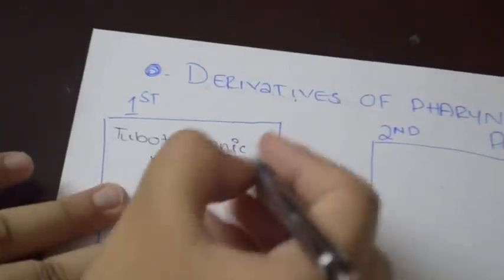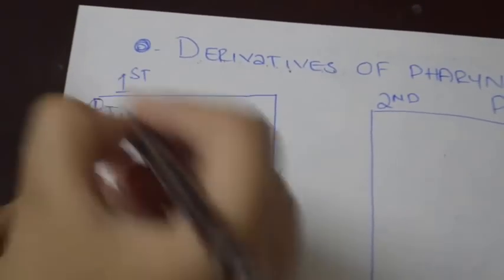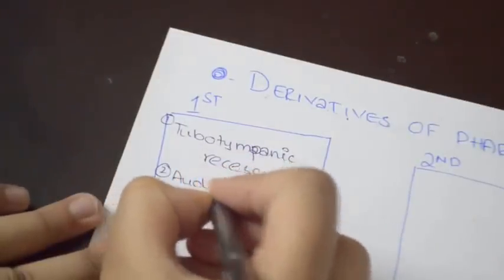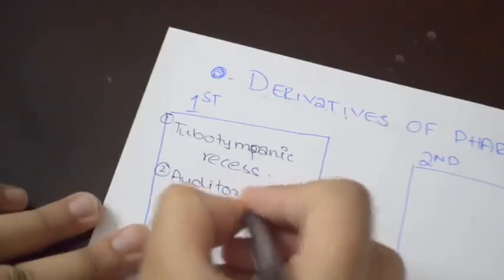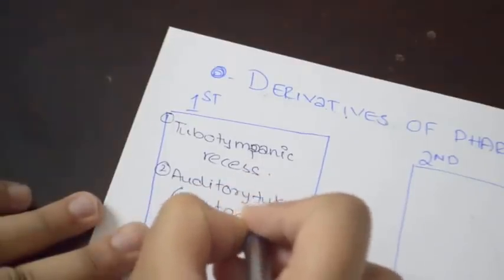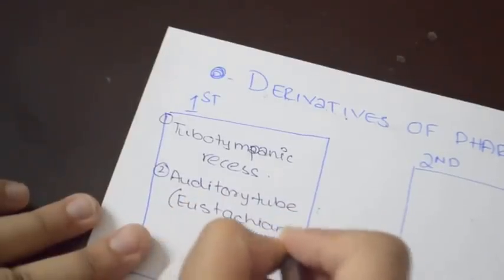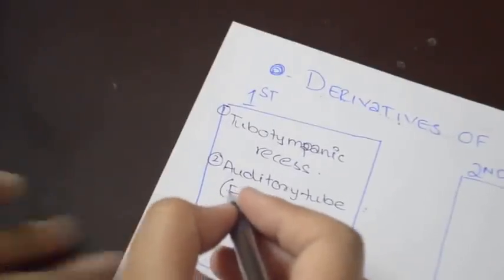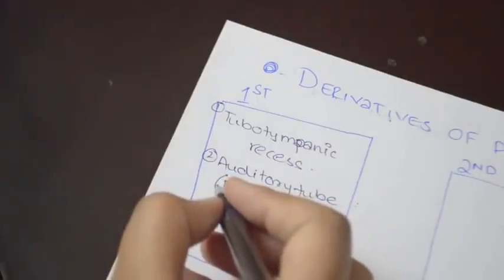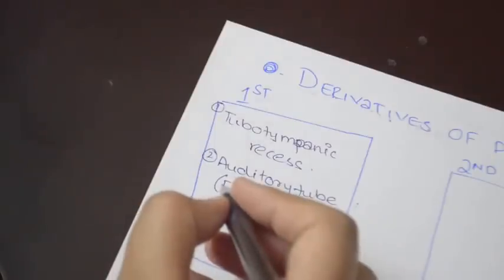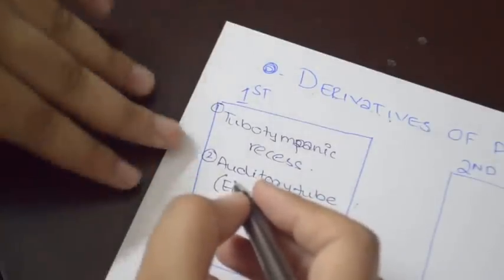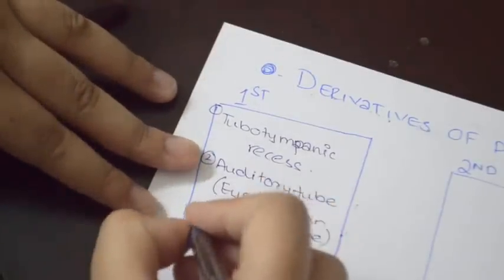The second is the eustachian tube, that is the auditory tube. The third is the middle ear cavity that is formed by it. The distal portion of this forms the tympanic cavity or the mastoid antrum, and the auditory tube. So we can see the middle ear cavity.